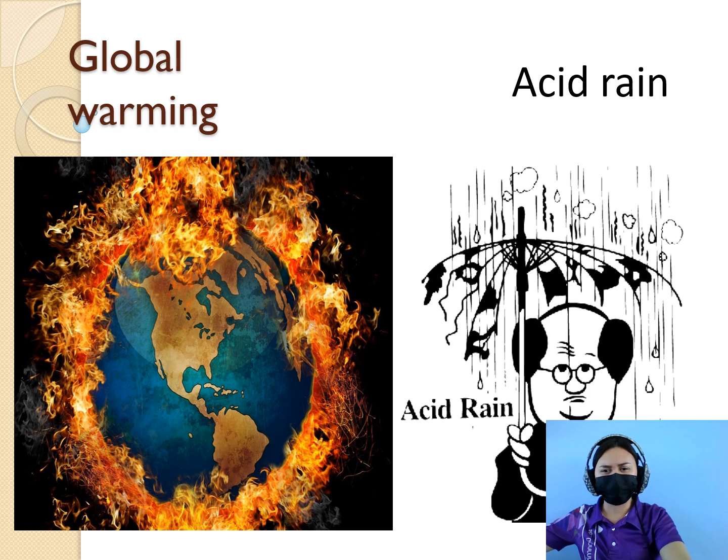The rain is acidic. Acid can damage things, especially if you forget to keep your things and then it rains. Your things may be damaged, like your bicycle, your car if you don't use it, and motorcycle.